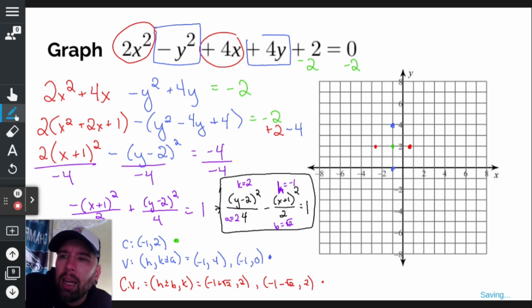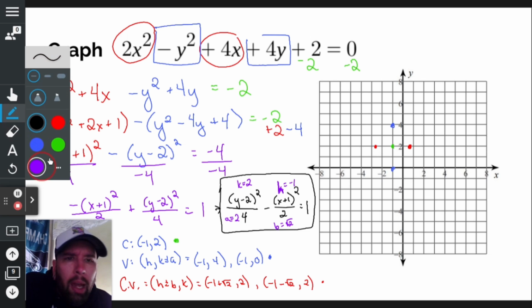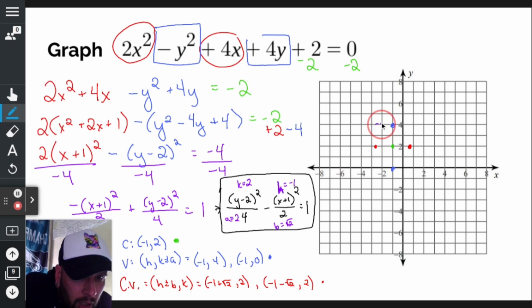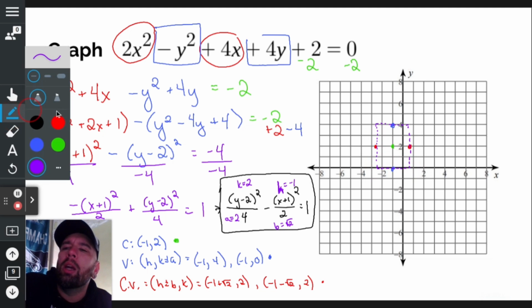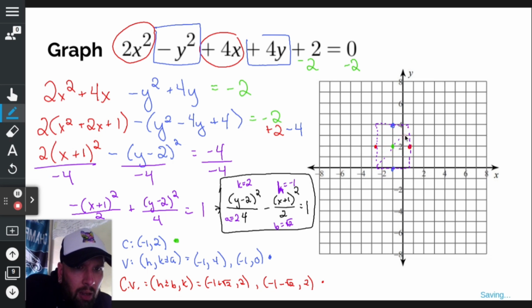So something like that. What I do now is I make myself basically a box. You could use an equation for slant asymptotes, but I'm not going to do that because the equation's not that pleasant. What this does is give us a guiding point as to where my hyperbola is going to stretch out.